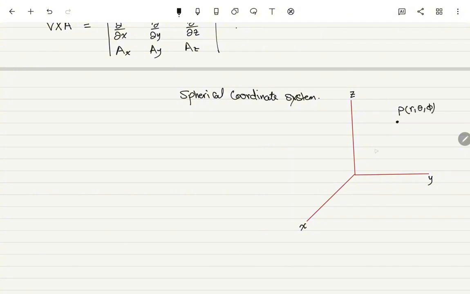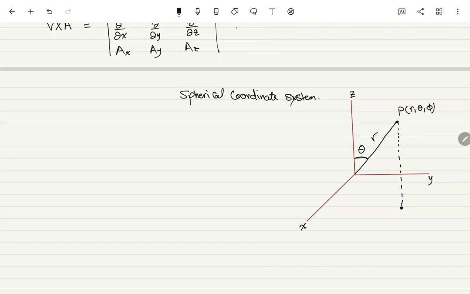Now r here is the position from the origin, so this is r. Theta is the angle with the z-axis, and upon intercept with this point here in the xy plane, it will be somewhere here.